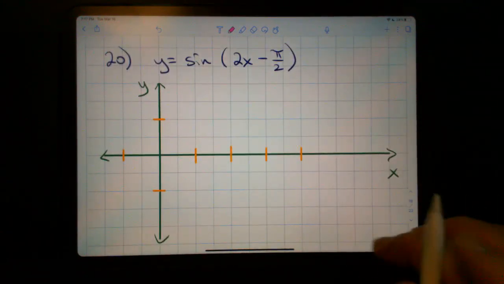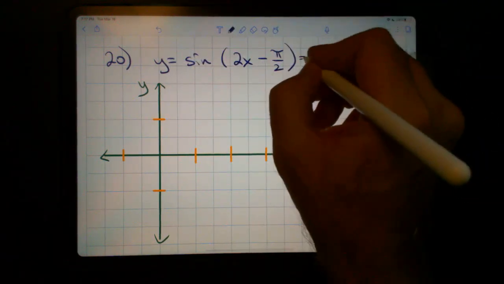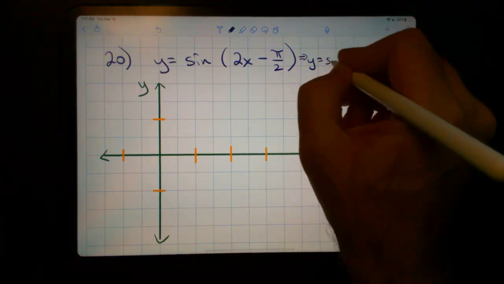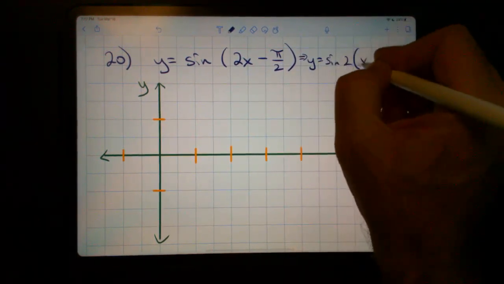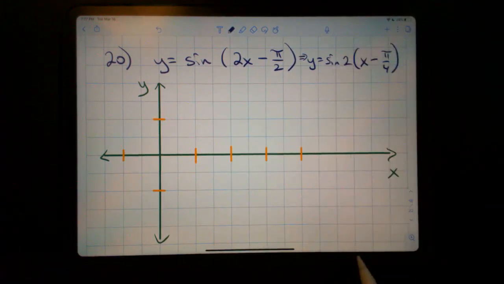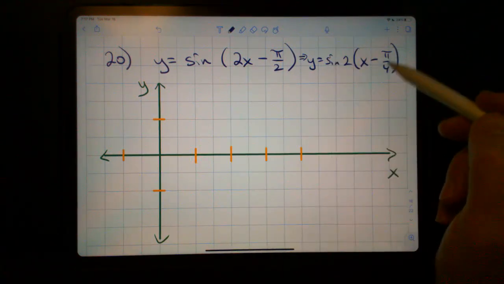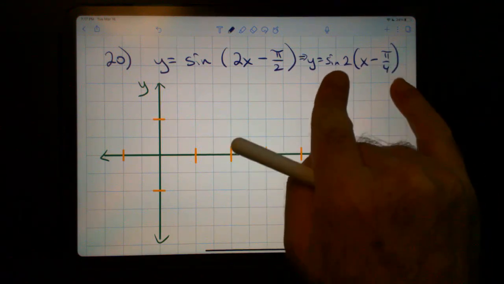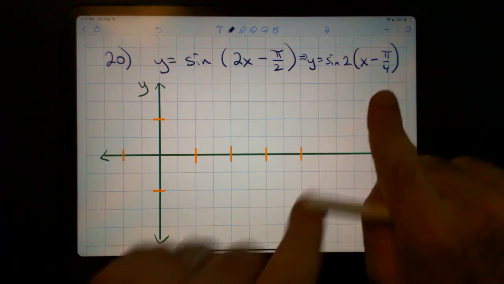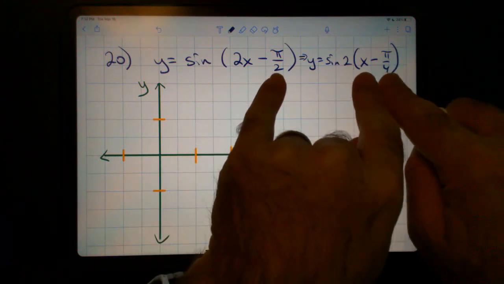Number 20. So I'm going to rewrite this, and the reason I'm doing this is because it makes my phase shift easier for me to understand. When I distribute this, 2 times pi over 4 will give me pi over 2.